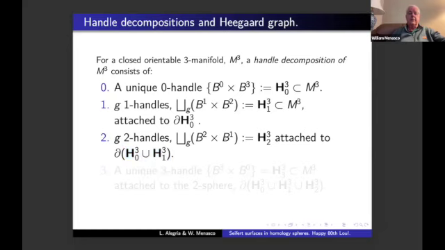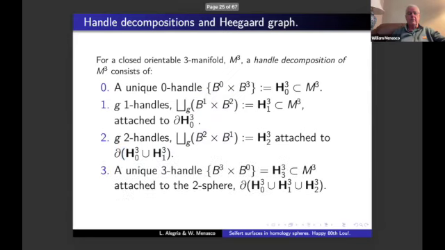When I teach this, I usually like to think of one handles as Pringle cans, and two handles as tuna cans. You're gluing the top and the bottom of the Pringle cans to the boundary of your zero handle, and you're gluing the label of the tuna cans to your genus G surface.